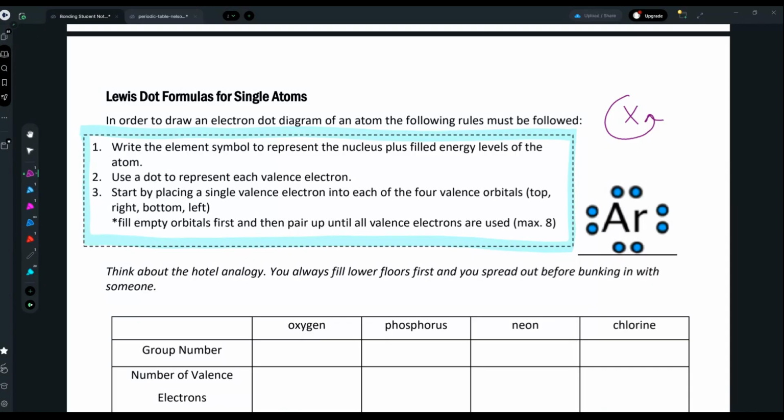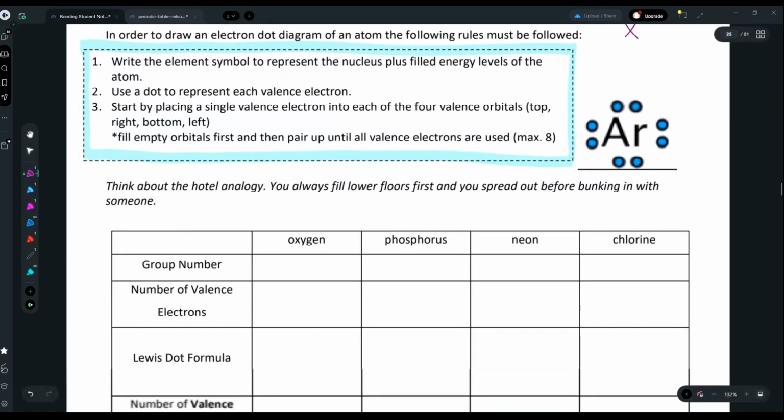Choose one of the two and stick with it. Whatever you do, do not draw your electrons top first, then bottom, then side to side. Do not do that. You will get incorrect shapes for your molecules, which is important later on. So either draw your dots clockwise, going around the symbol, or counterclockwise.